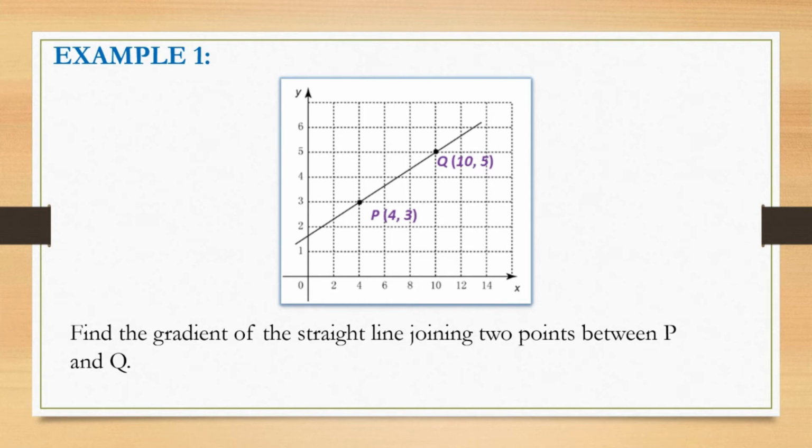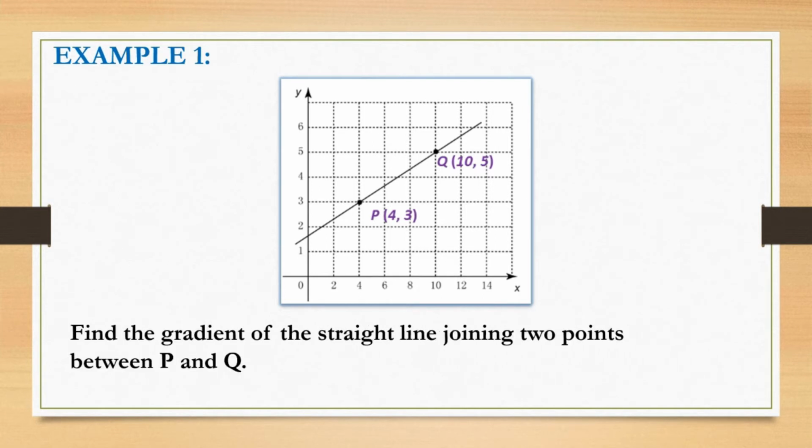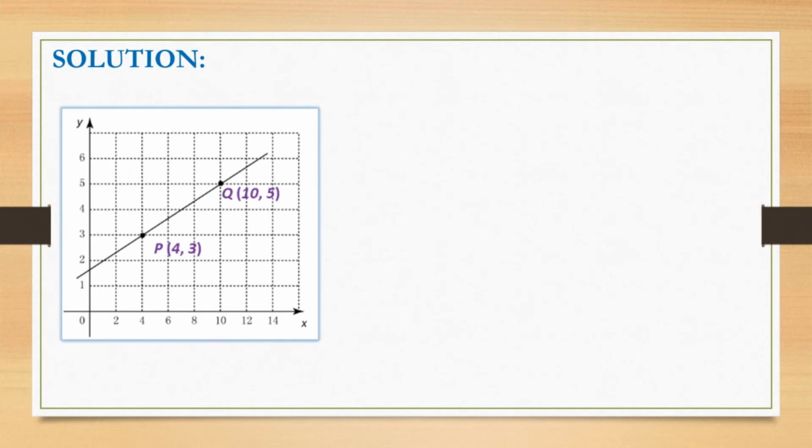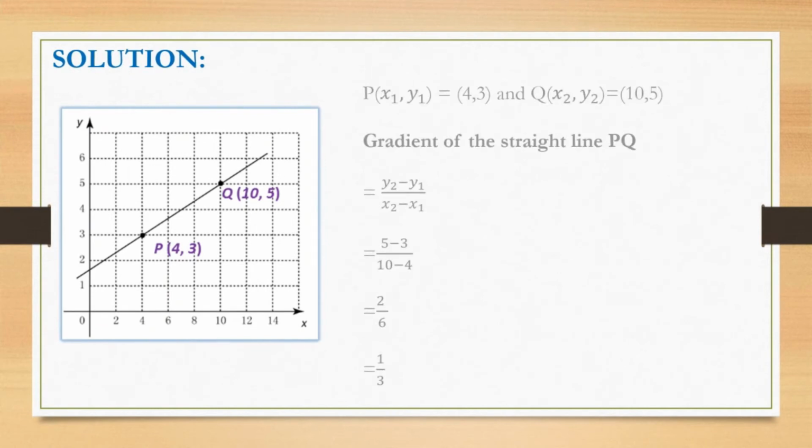Example 1. From this diagram, we can see that point P and point Q are joined by a straight line. The question is to find the gradient of the straight line joining the 2 points P and Q. How to solve example 1? Here is the solution. First, we need to write down the coordinates of P and Q so that we know which are x1, y1, x2, y2.